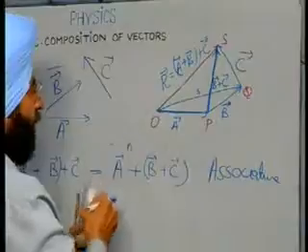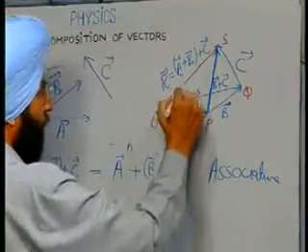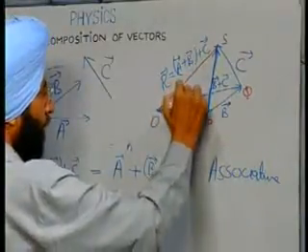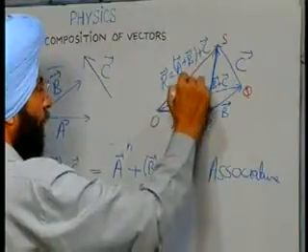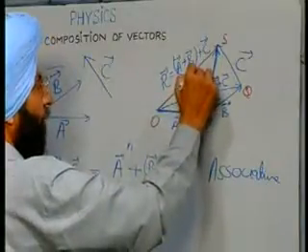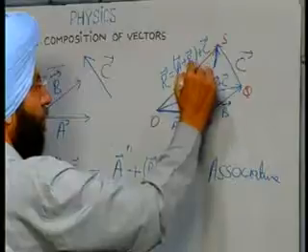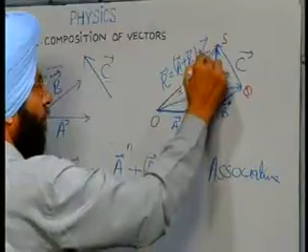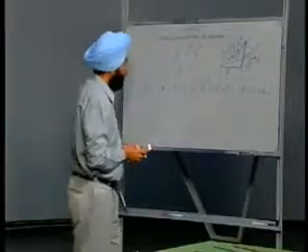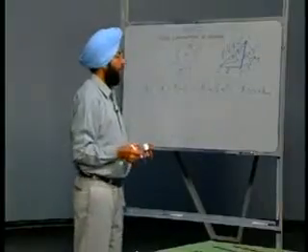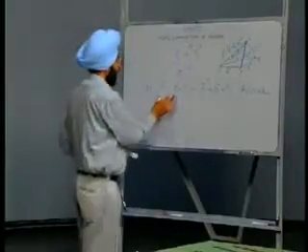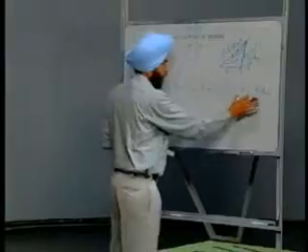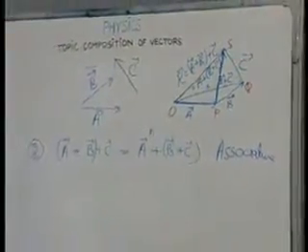So, we can write the resultant OS is equal to A plus B plus C. So, we have seen using the triangle law of vector addition that vector addition is associative.